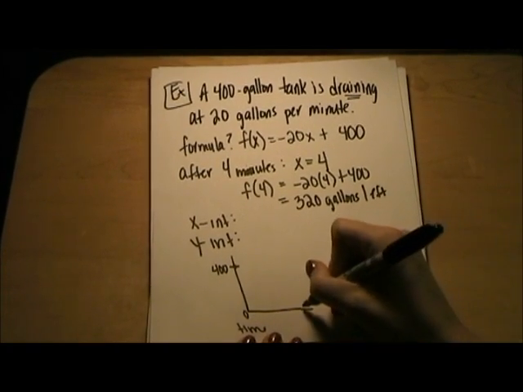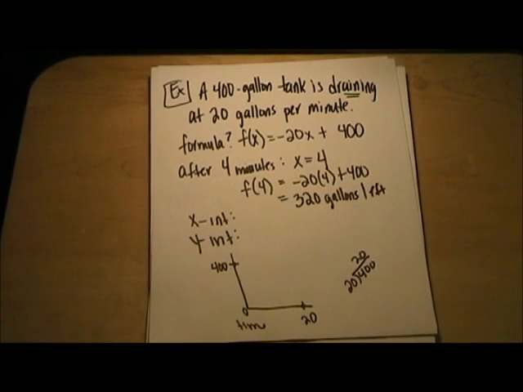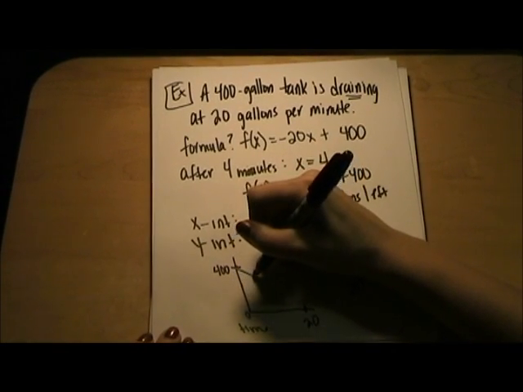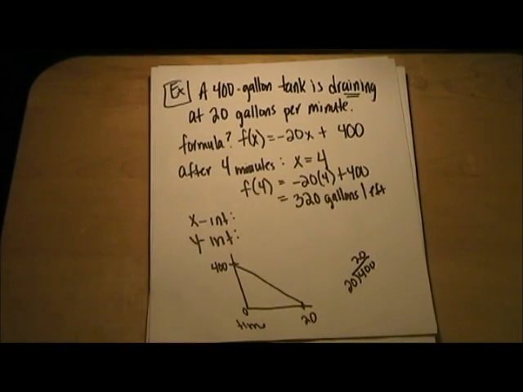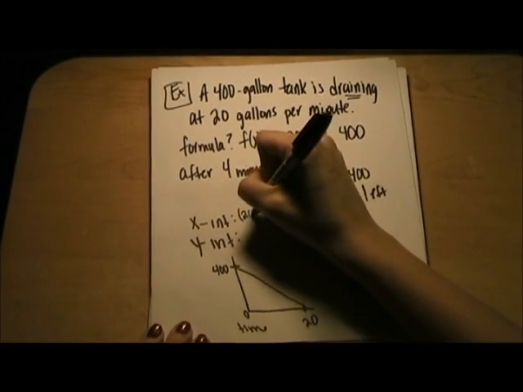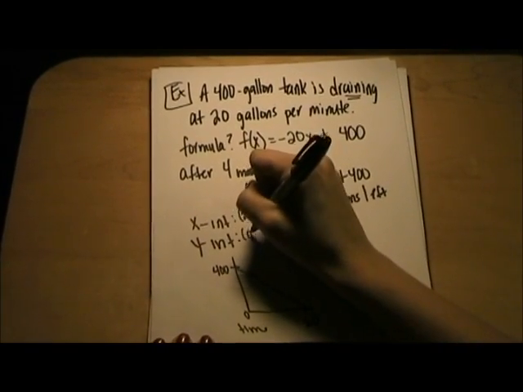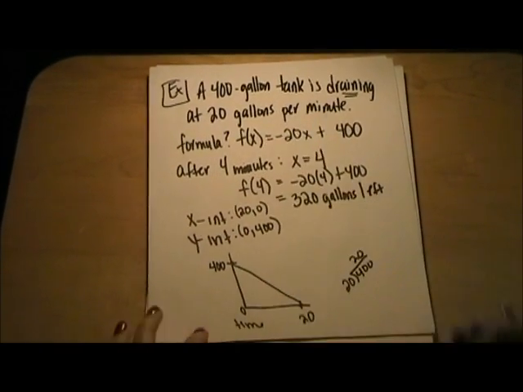So at time 20, we would have no water left. So our equation and our line would look like this. In that case, our x-intercept would be 20, 0. And our y-intercept would be 0, 400.